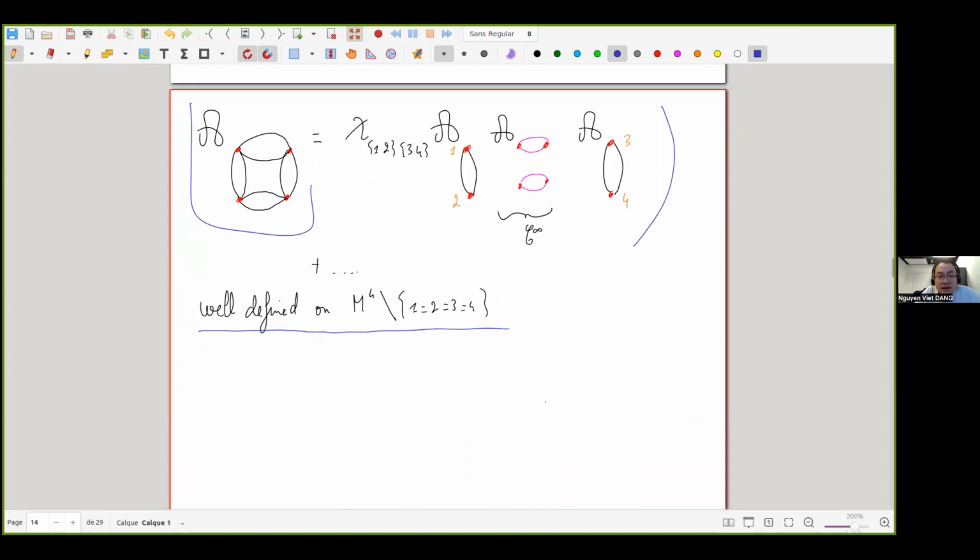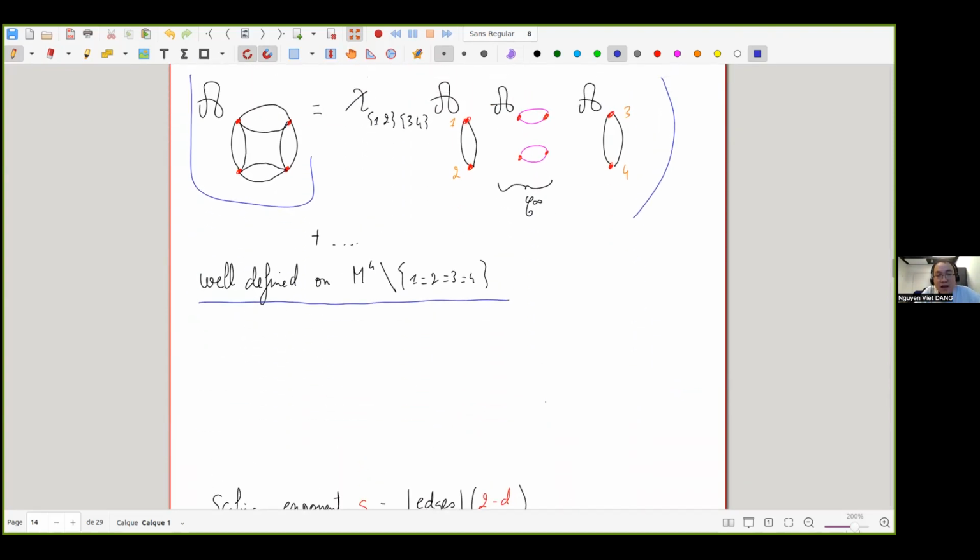And this is the moment where I apply the extension theorem, where my submanifold Y is the deepest diagonal. My function F is this big thing on the right-hand side.